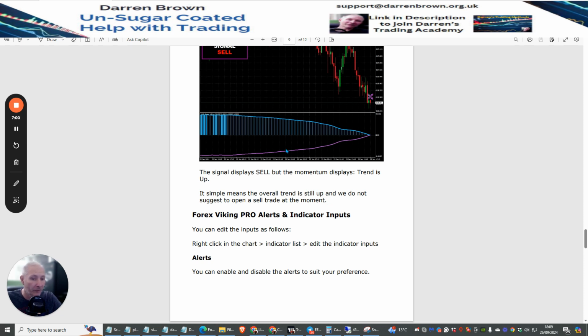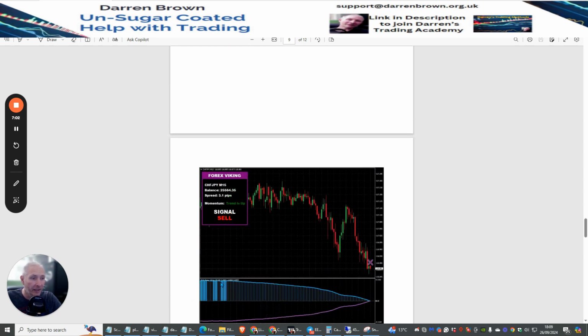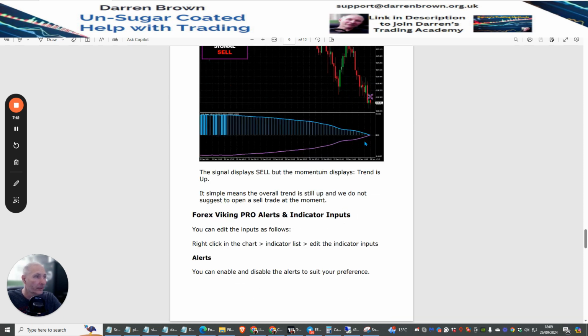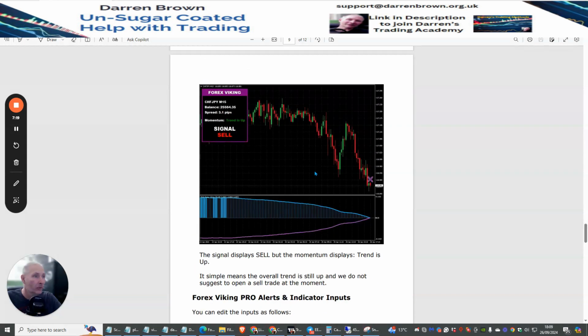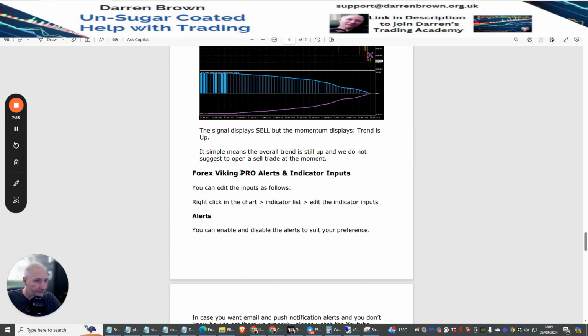Remember, you want both indicators to be in line before you take your trade. So ideally, if this was the sell signal, this needs to say trend is down. Okay, and also it's on the cross, so you can see that this one here is your indicator for down. Okay, and if you were doing a buy trade, then it's going to be blue.